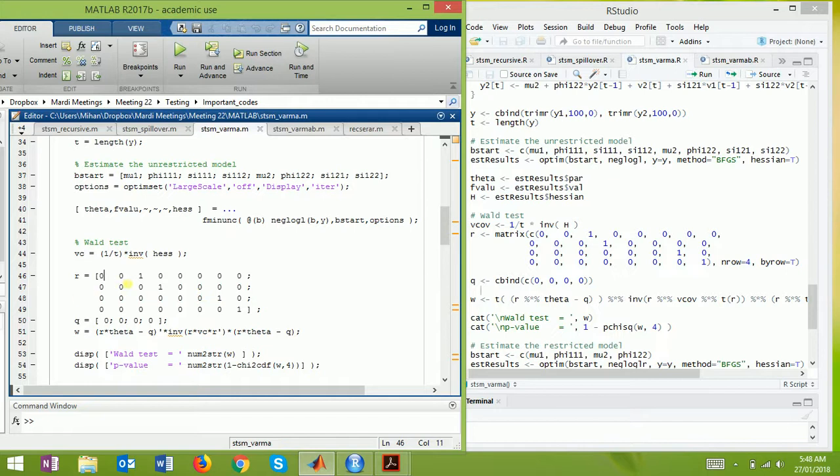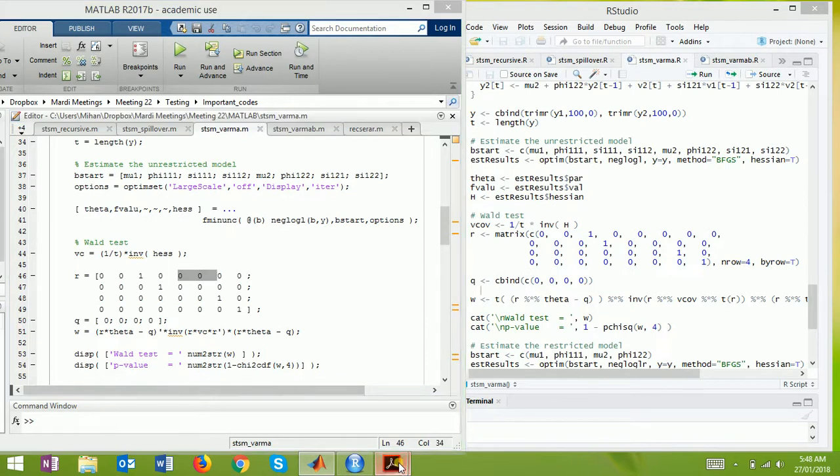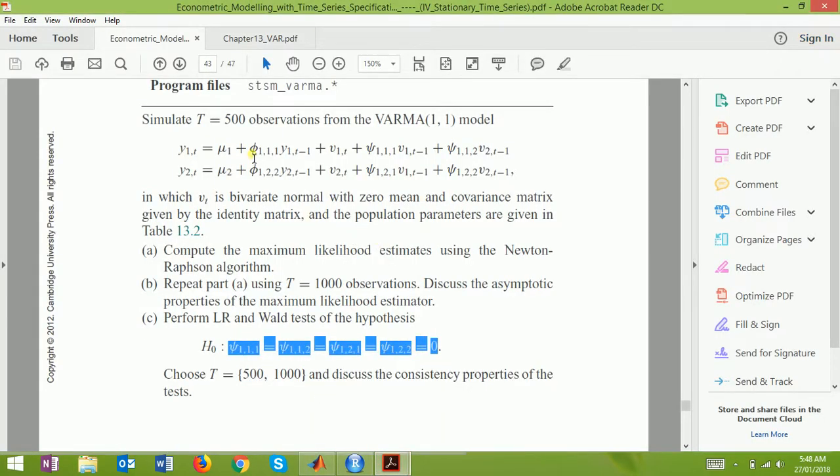So we actually have 2 autoregressive parameters and then 4 moving average parameters. The first moving average parameter, second, third, fourth, right? So this is psi1, 1 2 3 4, because we have 4 moving average parameters. We need to go back to the equation to understand that. So 1 and 2, then this one, this one, this one, this one, right?